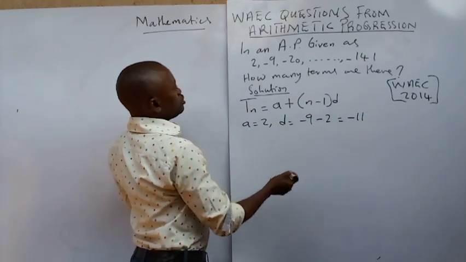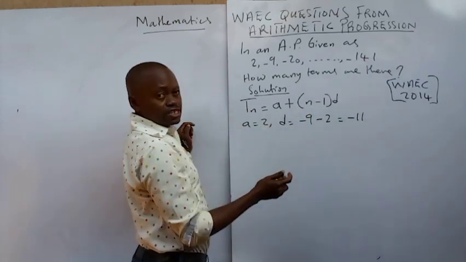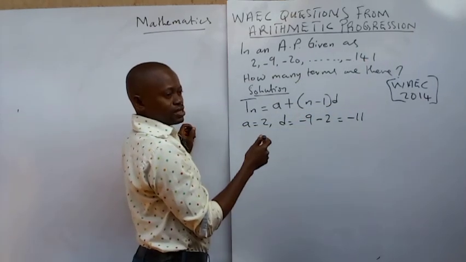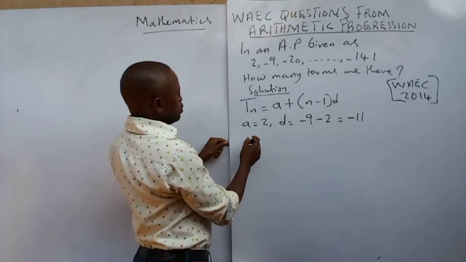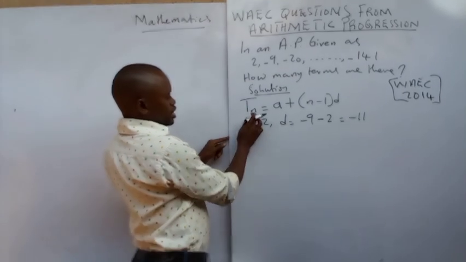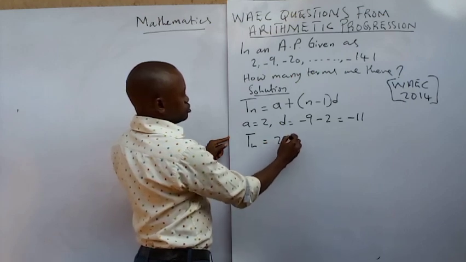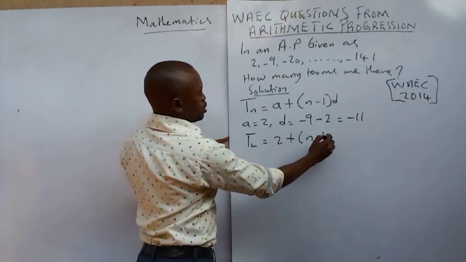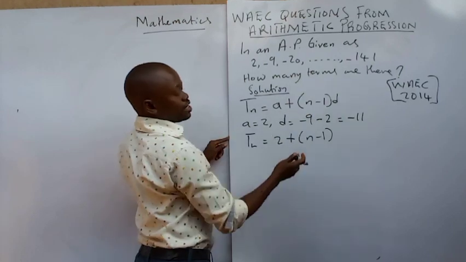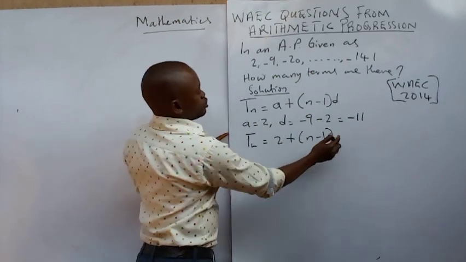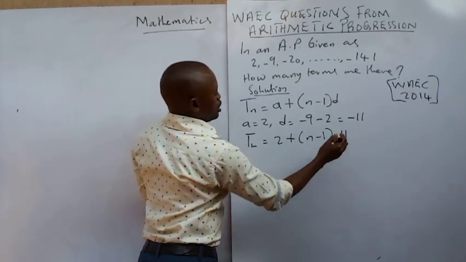Now, this is the last term that is made available in that sequence. I can call it T last. So instead of Tn, I will have T last equals 2 plus, in bracket, n minus 1, because the number of terms that are there is not known. N minus 1, the common difference is minus 11.